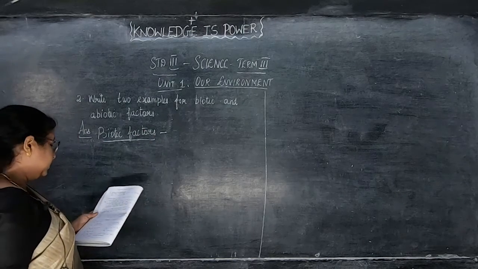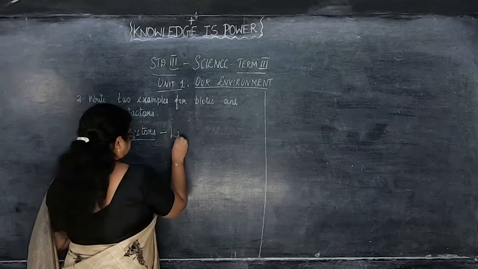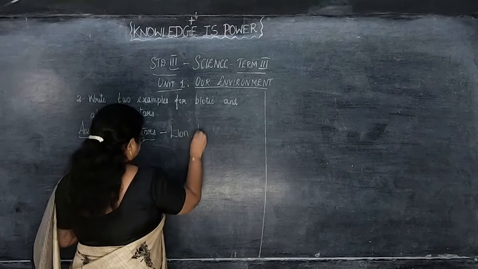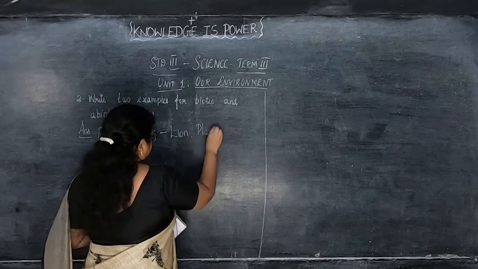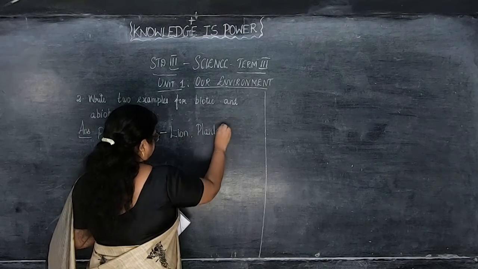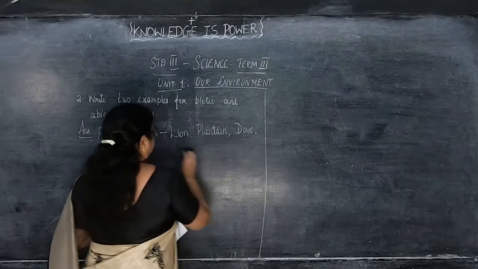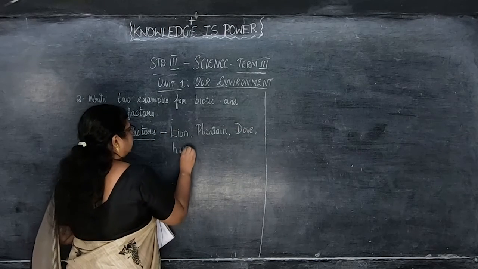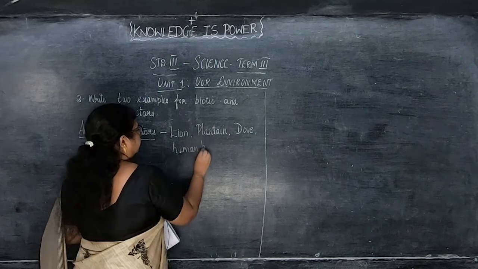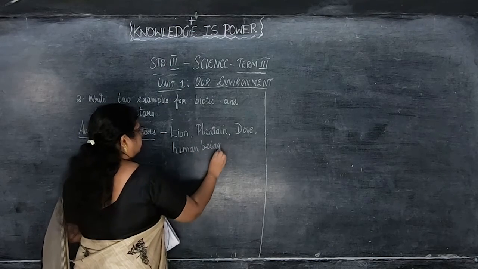So what are the examples, children? Like lion, then plantain, then dove, that is pigeon we say, right? Then human being. All these come under biotic factors.